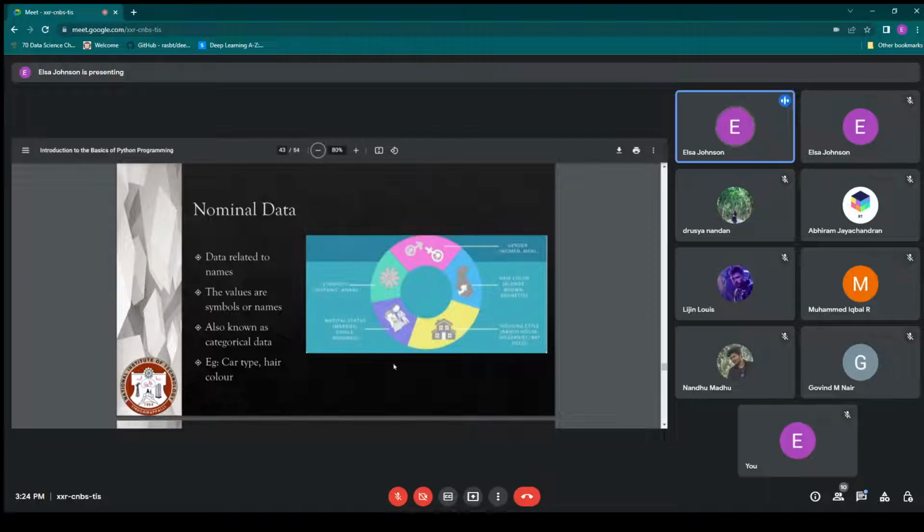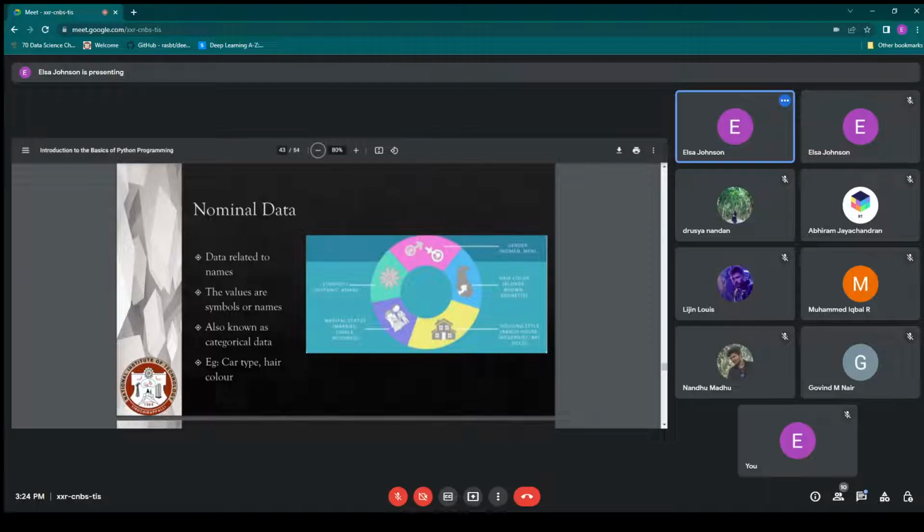So in this type of data there are some categories. How it's different from the other one is that this one doesn't have a particular order. Gender, you can say women or men, or you can also say men or women. There is no particular rank for that.